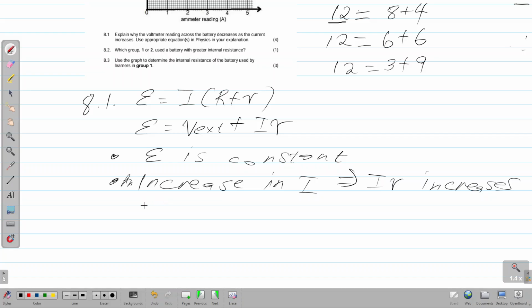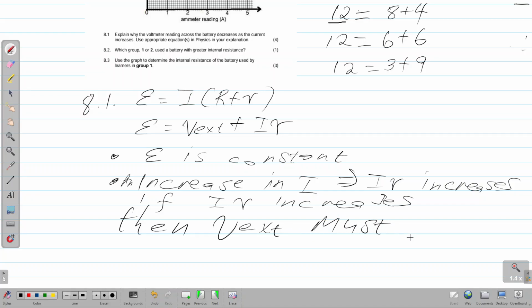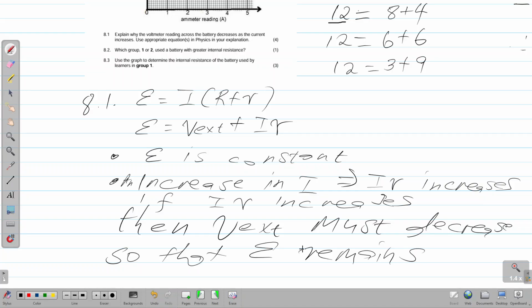Okay, so if IR increases, then V external must decrease so that E remains constant. Okay, so that is my response there for 8.1.